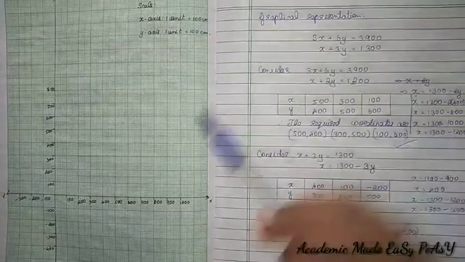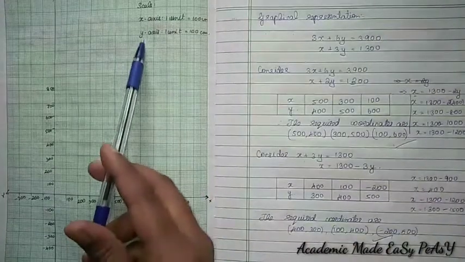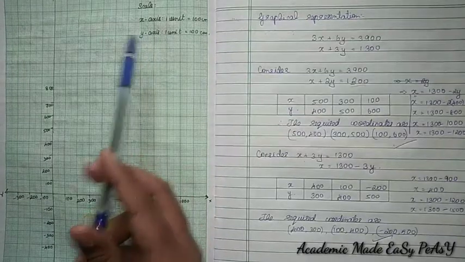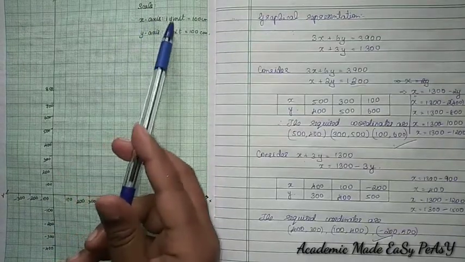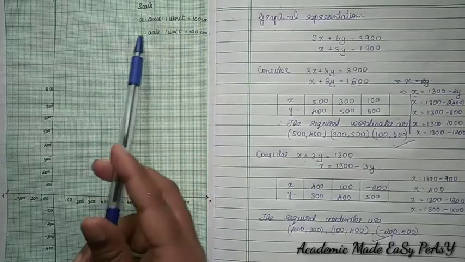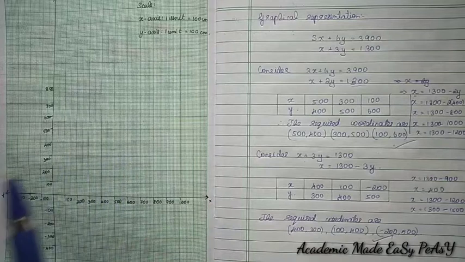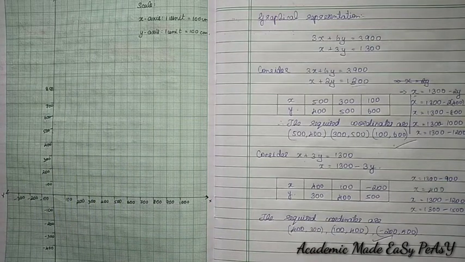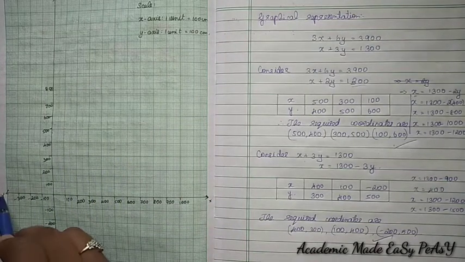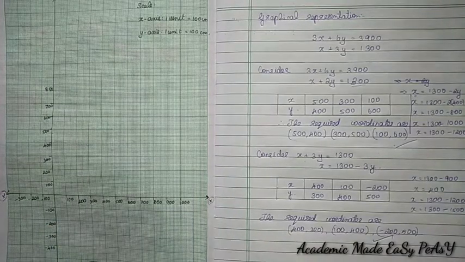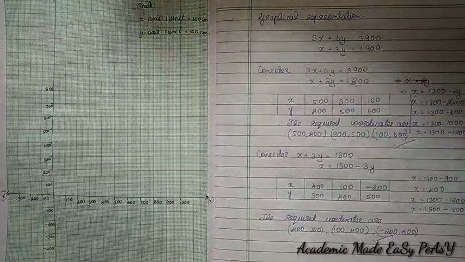As I just said for the previous graph, it is very, very important to write the scale over here. On the x-axis, 1 unit is equal to 100 centimeter and on the y-axis, 1 unit is equal to 100 centimeter, I have taken. So I have mentioned it also. And one more important thing, you have to mention x dash and x over here, and here y dash and y.